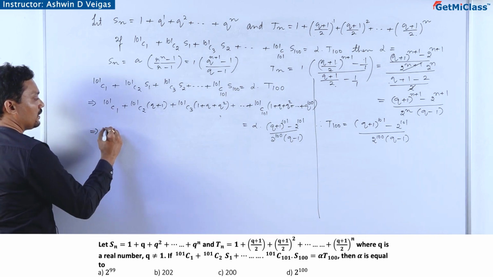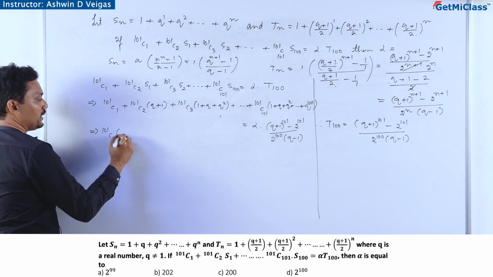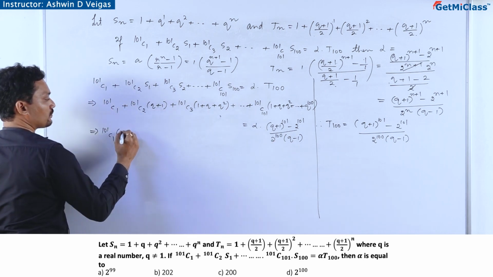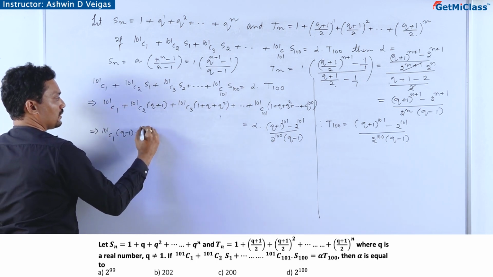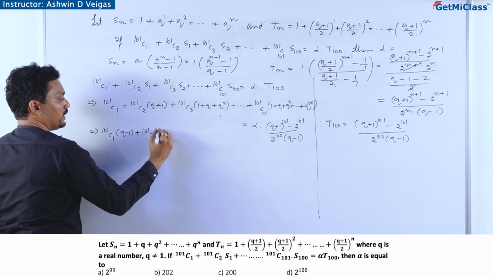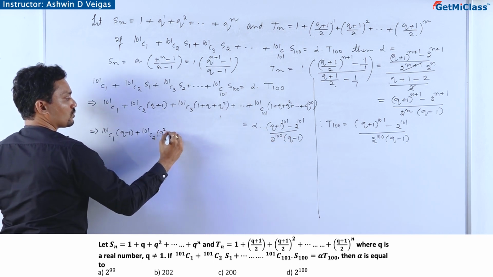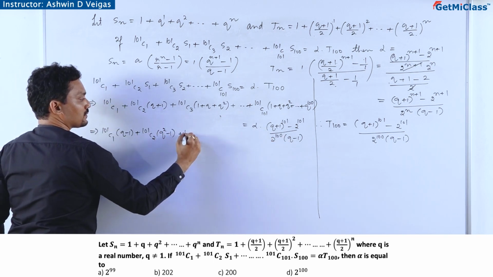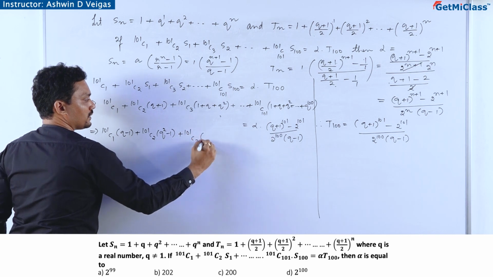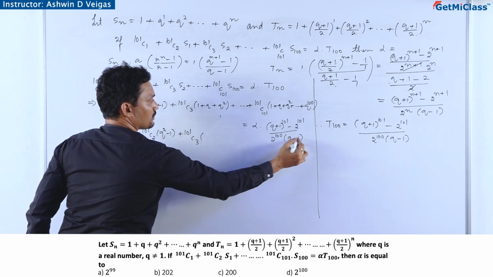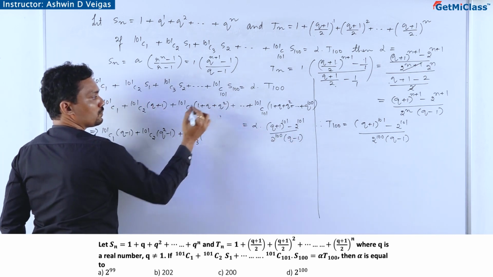This will imply 101C1 into q minus 1 plus 101C2 into, now q minus 1 into q plus 1 becomes q square minus 1, plus 101C3 into q minus 1 into q square plus q plus 1.